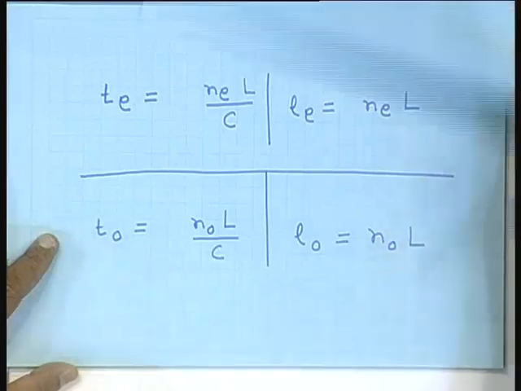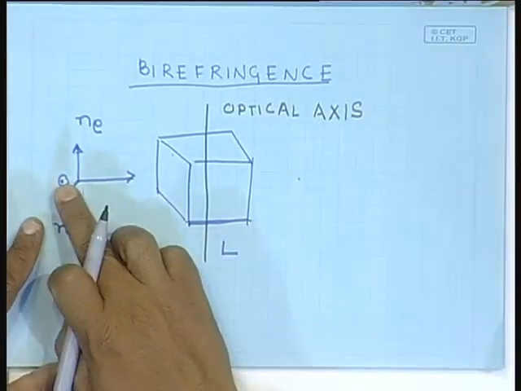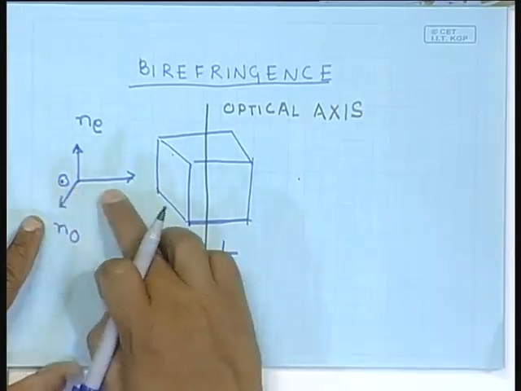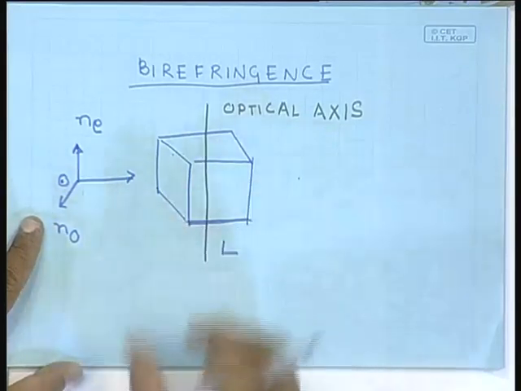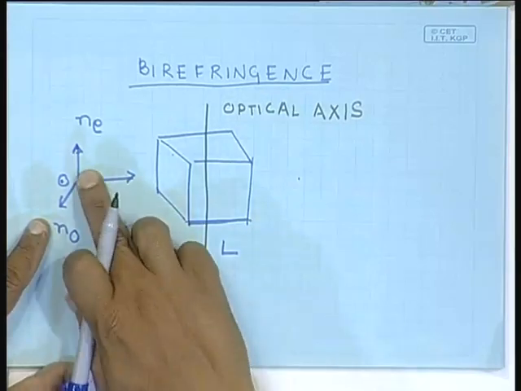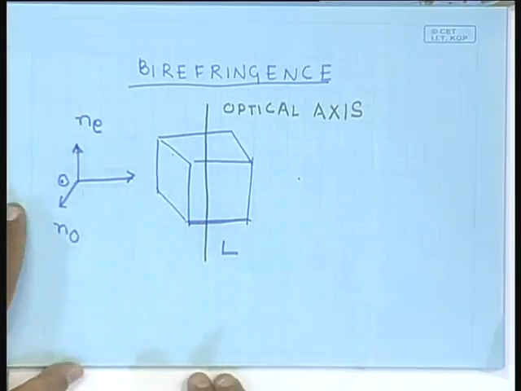So, what we see here is something very interesting. The time the light takes to cross this crystal is going to be different depending on which way the electric field is aligned.